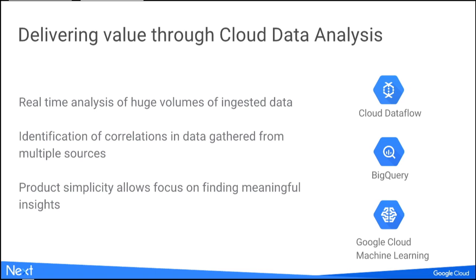So you can compute an average over a stream of data within a certain window. You can even use it to convert data format. So you have devices across different industrial sites, and most of the time, devices have different data formats. And before you store it, if you want to convert it into a standard format, Dataflow is a great product for that as well.